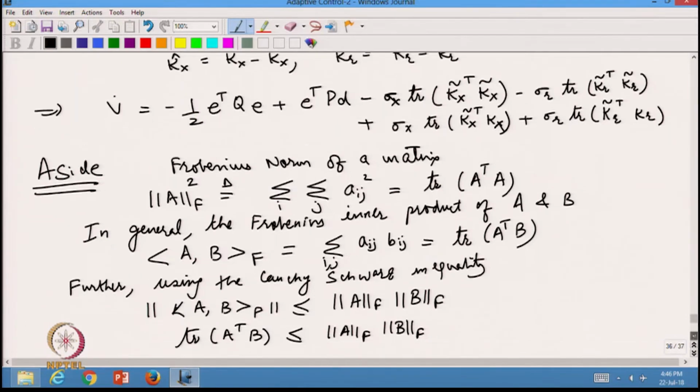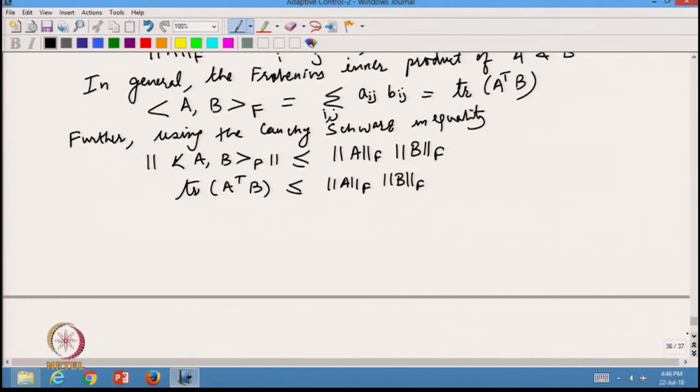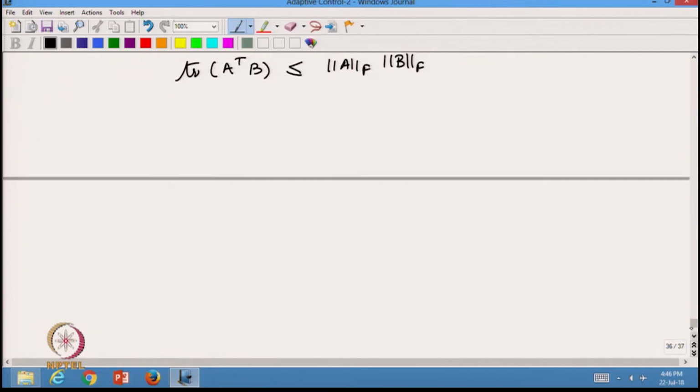So, now we can upper bound this expression of V dot.